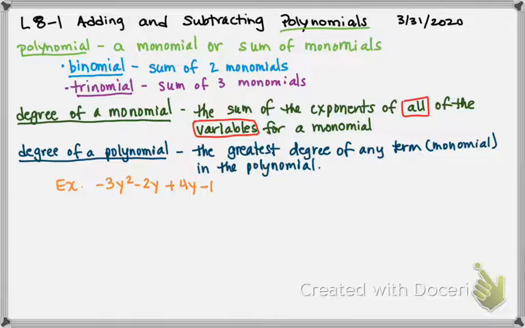Okay, so the first thing I'm going to do is simplify when I can. So when I simplify, I get negative 3y squared plus 2y, because these two signs are different, so I subtract and the bigger number is positive, so I get a positive 2y left over, minus 1. And this gives me a trinomial.